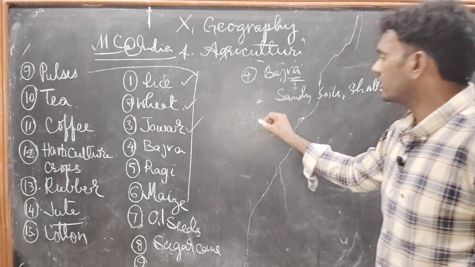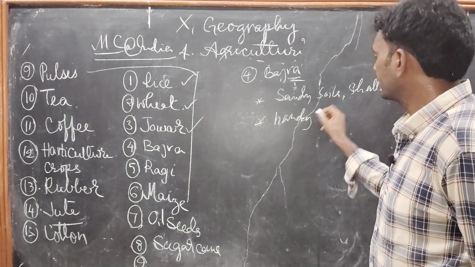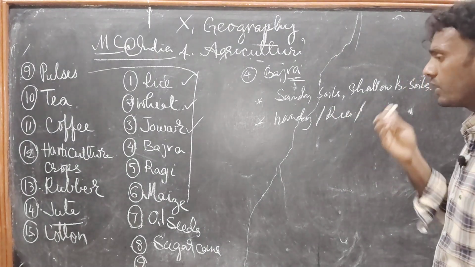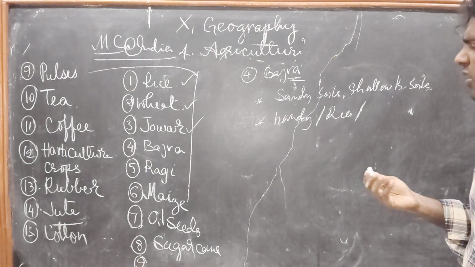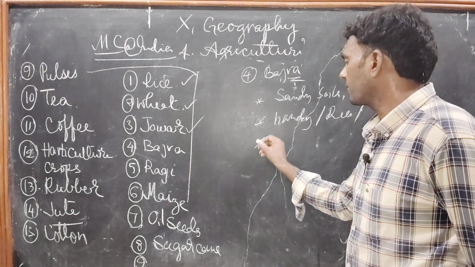It is also a hardy crop. It means it is also resistant to drought. We don't need to provide more water. We don't need rain also. Sometimes not frequent showers. Sometimes a little bit of shower is also enough to grow the crop.